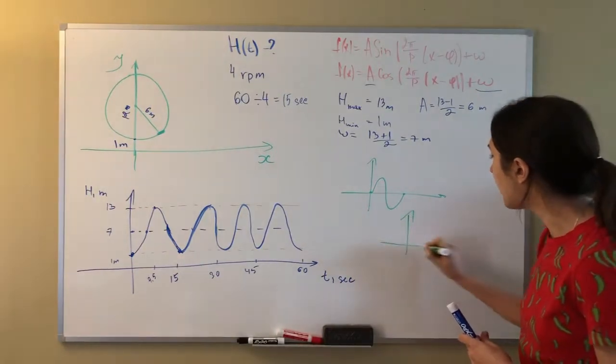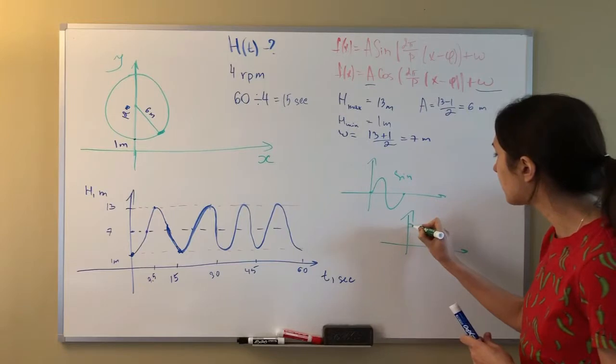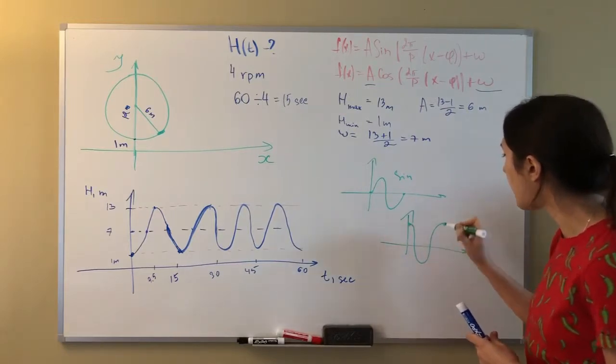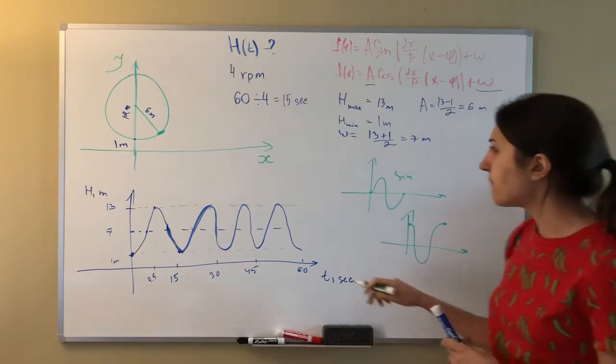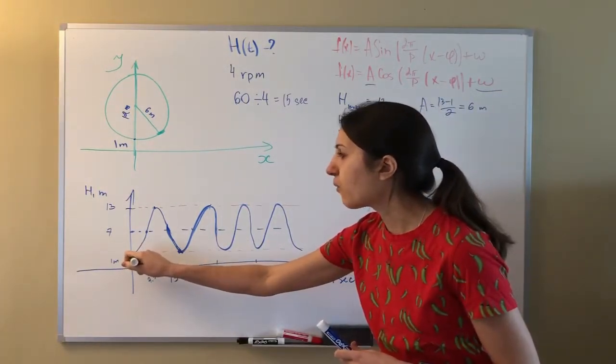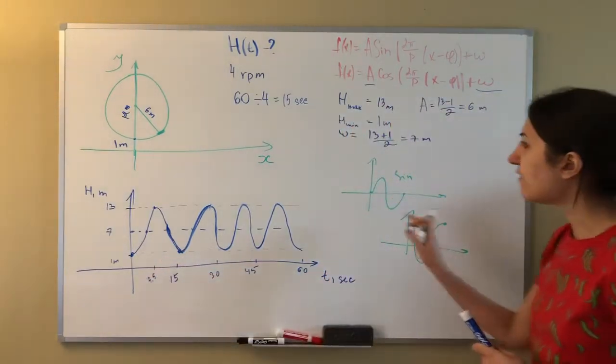For the cosine, we go from max to max, right? In this case, our period is basically from one minimum to another minimum. So it's definitely not sine.